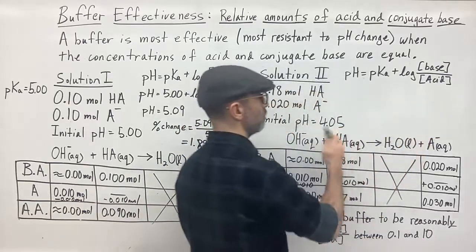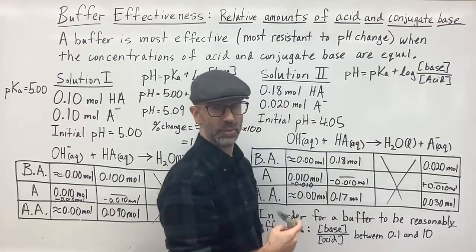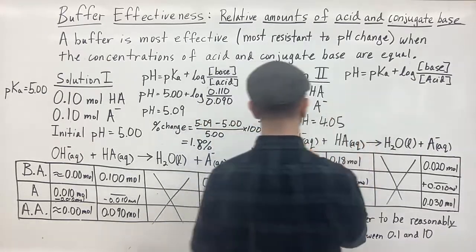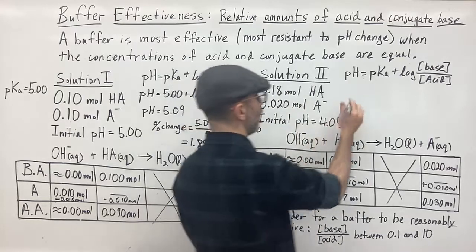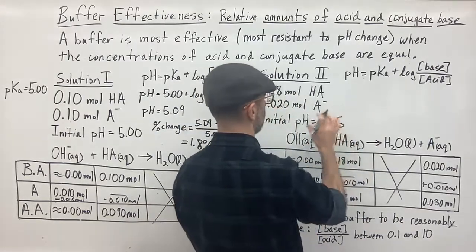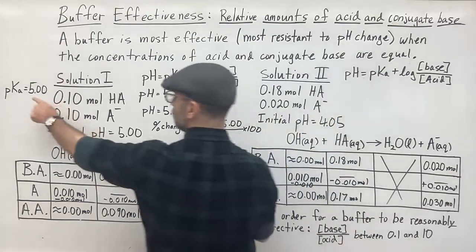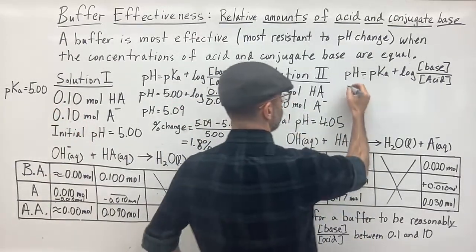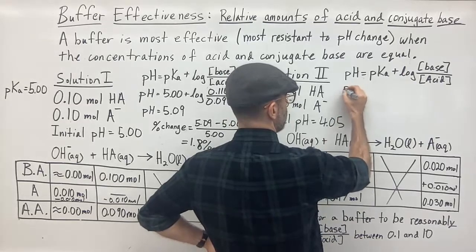Now that we have completed our stoichiometric problem, we can plug that in and do our equilibrium problem. Again, we're going to use the Henderson-Hasselbalch equation. So here the initial pH is 4.05, and the pKa is going to be 5. We're going to calculate the new pH.